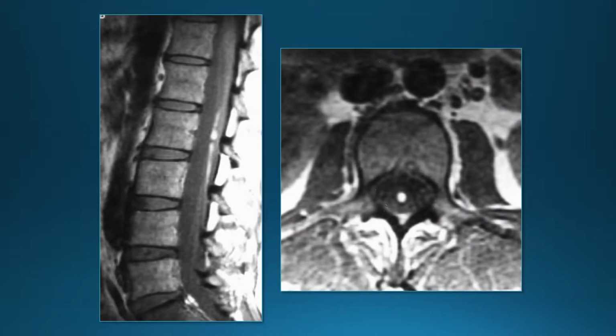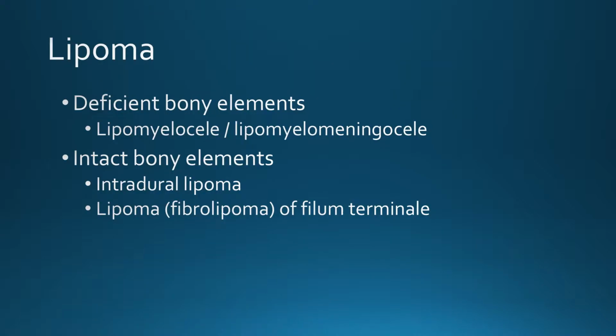And the third one with another lesion that contains fat within the spinal canal at the filum terminale. So all three of these lesions are spinal lipomas. If the bony elements are deficient, then we get the lipomyelocele, lipomyelomeningeal. When the bony elements are intact, we can talk about intradural lipomas and lipoma of the filum terminale.